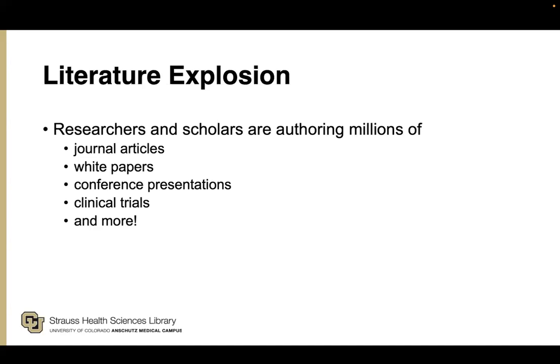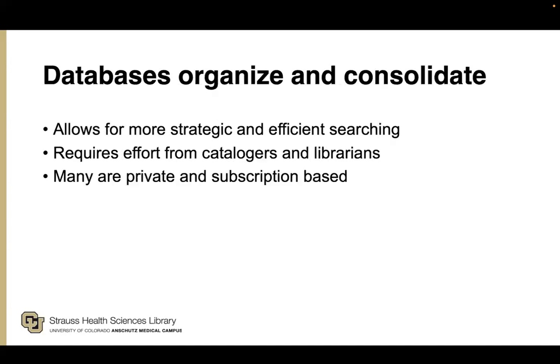And because there's such a large amount of literature being produced in the scholarly world, one thing that can help us to find them more efficiently is to use databases. So databases are designed to organize literature and consolidate them. They allow for more strategic and efficient searching because they can group research based on topic.